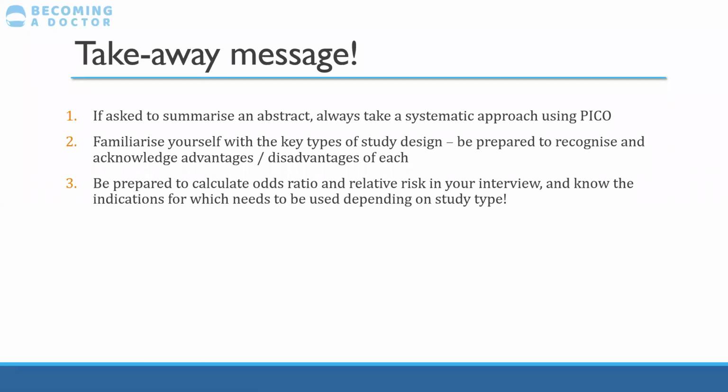I haven't gone into a lot of depth on statistics, but I just wanted to make you aware of the fact that you might be asked to calculate these and that they're useful for quickly assessing numbers and statistics in a study that you might be given in the interview.